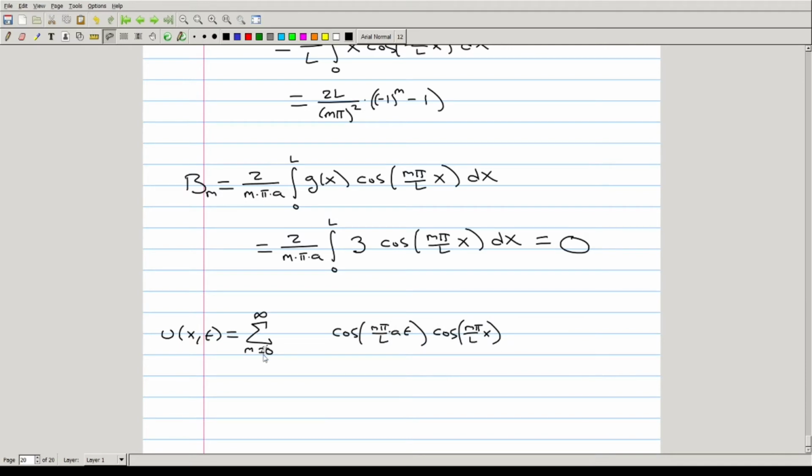and I'll split this up into 2 parts. Sum from m equals 1 to infinity of 2L over m pi squared times negative 1 to the m minus 1, plus our A naught, which is L over 2.